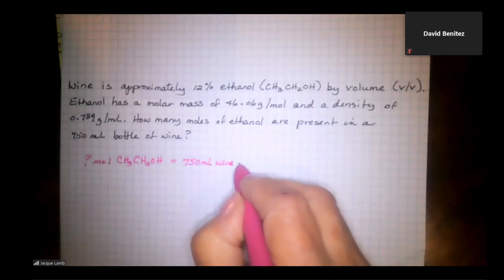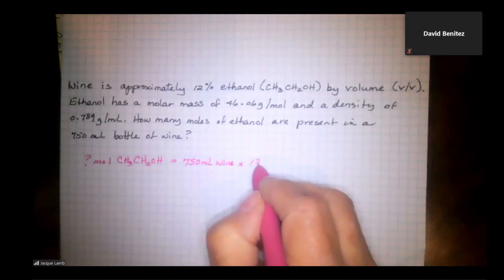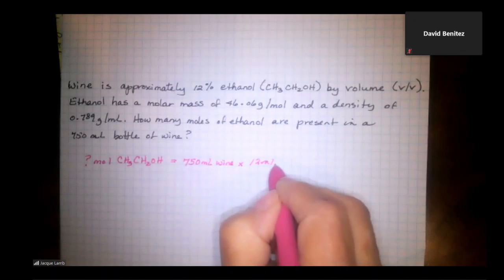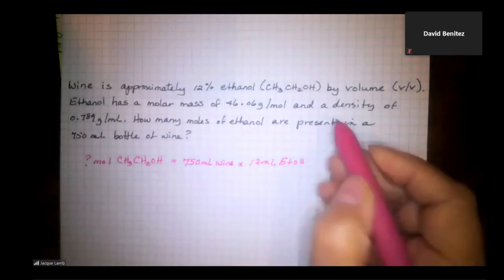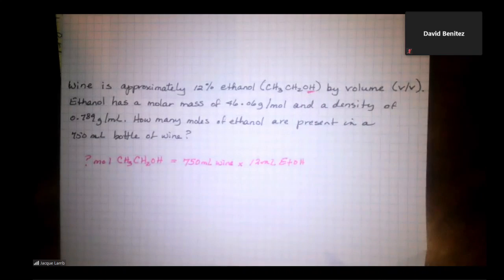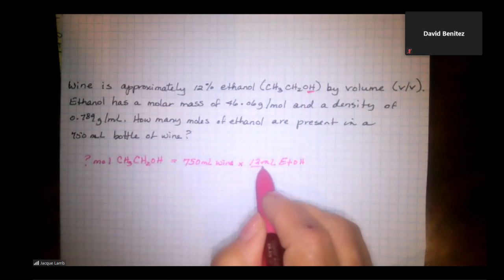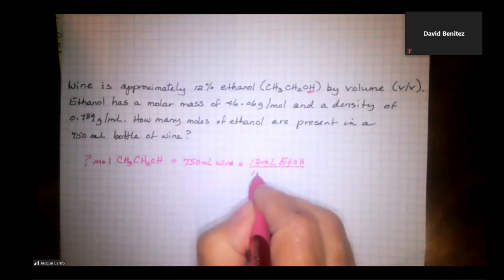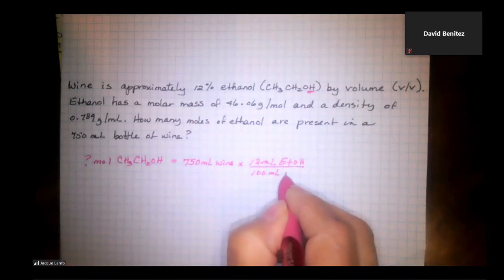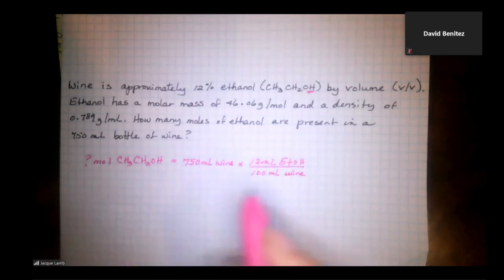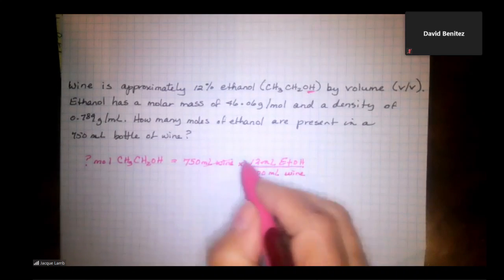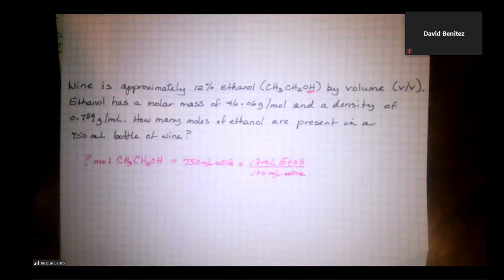I know that there are 12 milliliters of ethanol. I'm going to abbreviate ethanol as EtOH. The OH represents that OH at the end of the formula. So 12 milliliters of ethanol per 100 milliliters of wine. That's our volume percentage. That's going to allow me to figure out the volume of ethanol, but I need to know how many moles.